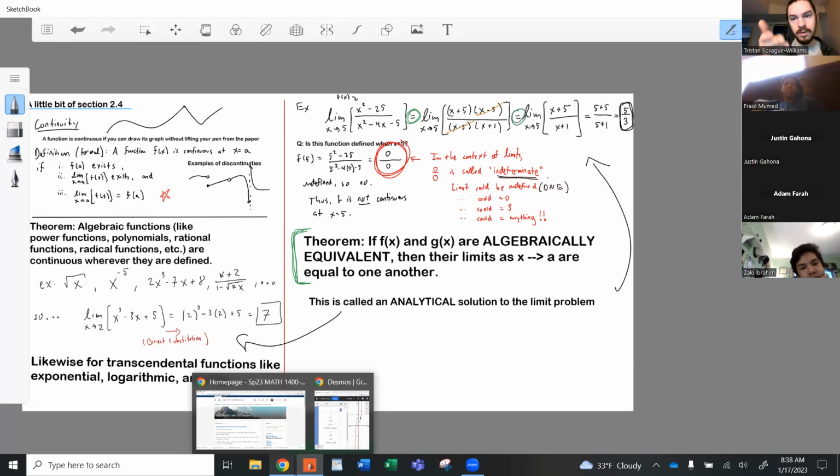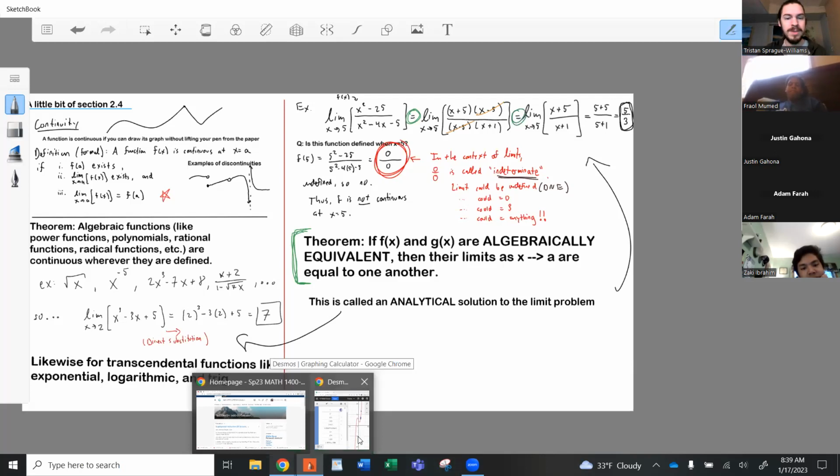But now we can say with more confidence, I mean, the table makes you pretty confident. But my point is that with an analytical solution, it's like a proof. It's a rigorous mathematical proof that the limit equals 5/3, not just a lot of good evidence that it's equal to 5/3. That's the difference.